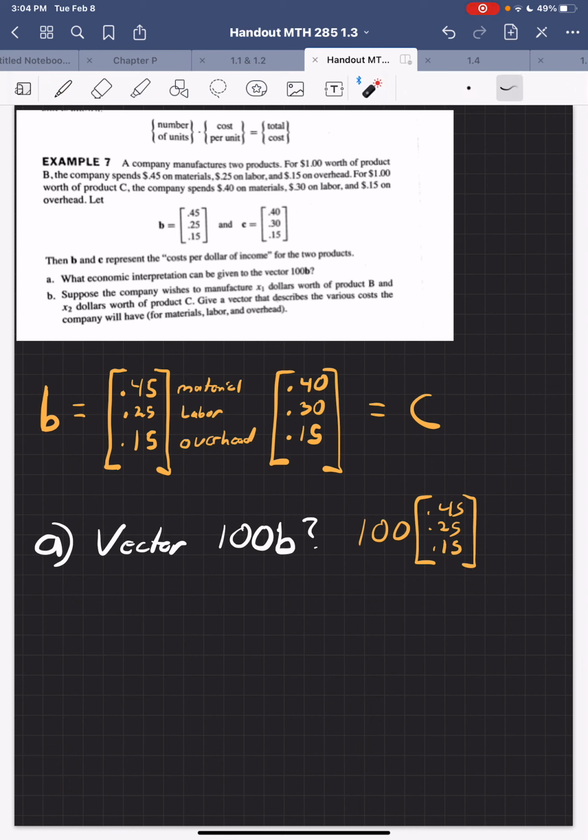Notice that in this case, the scalar is how much money you made from product B, so $100. Once you multiply, this tells you the cost. What's the real cost of producing $100 worth of product B?